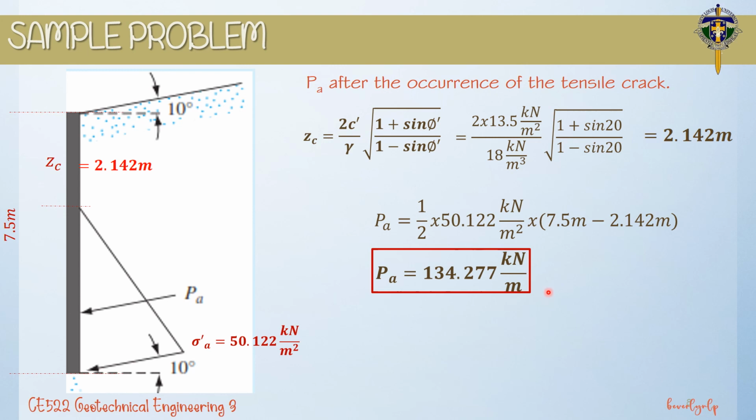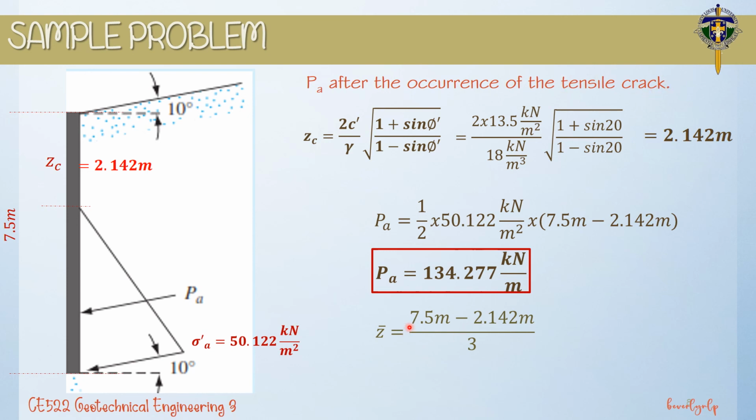So finally, we can now determine where the resultant force is acting, and that is simply 1/3 of h. But the height that we will be considering is just this height, since again we are considering after the occurrence of the tensile crack.